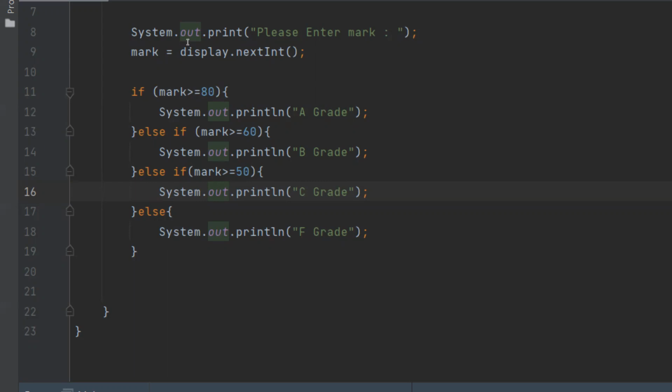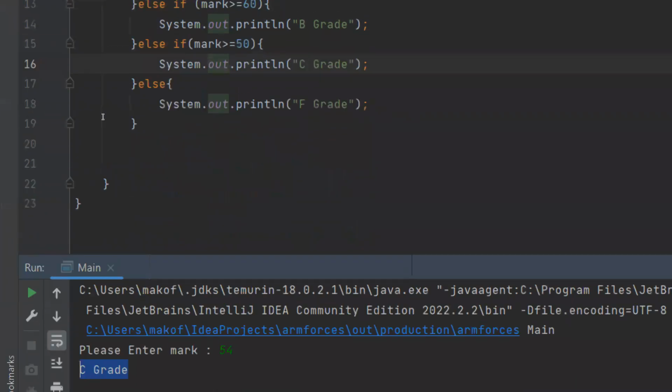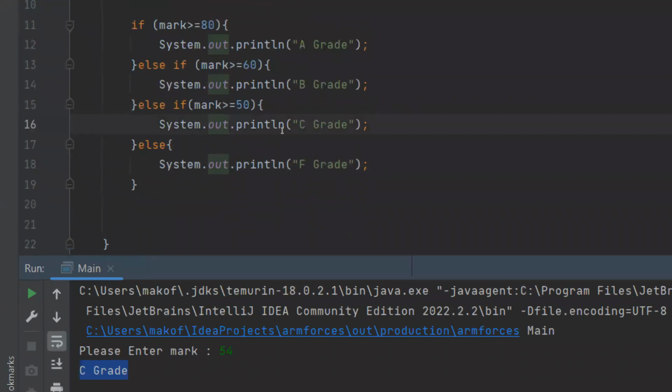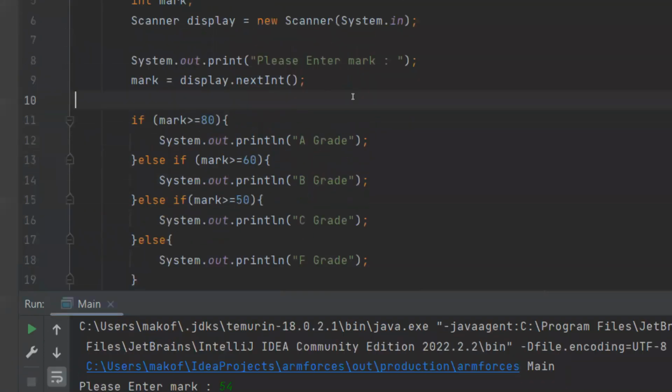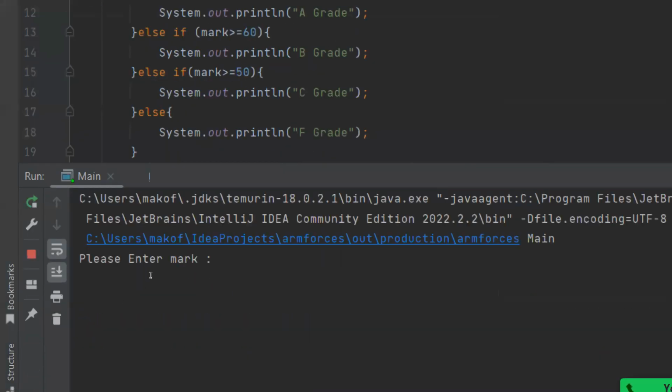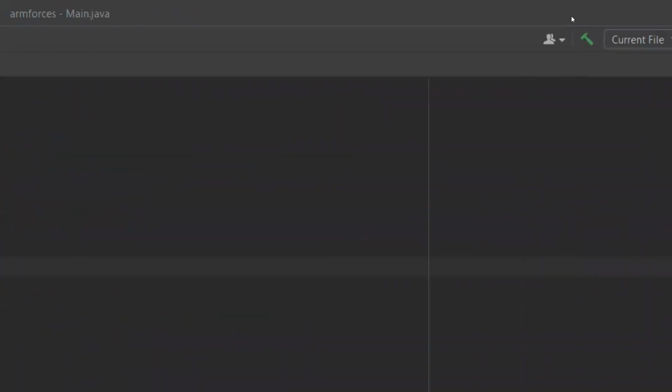Do you understand? For example, if I run this and it didn't behave like how it should behave. Let's say I run this, and then I put in 101. It will tell me I have A, but as we both know, no one can write an exam and get 101.